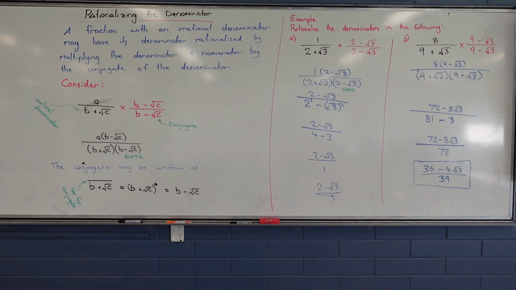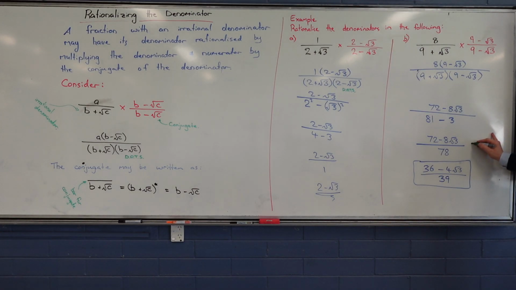So if we put in 8 over 9 plus the square root of 3, it will show us the most simplified version we can get to.